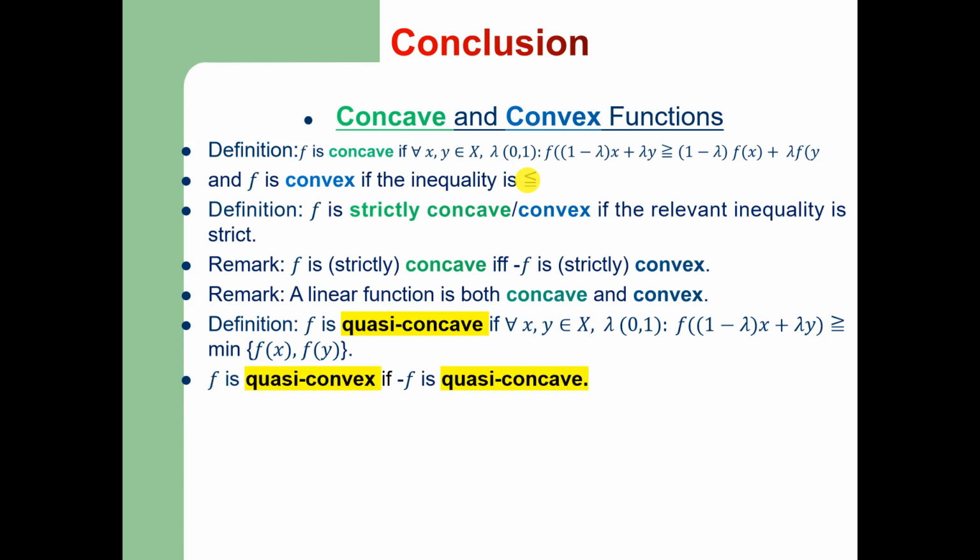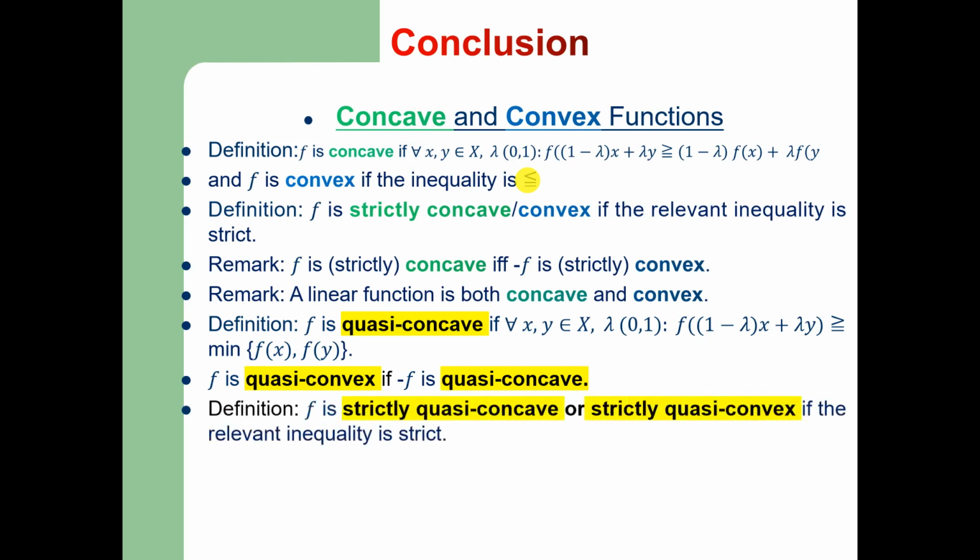A function is quasi-convex if the negative of the function is quasi-concave. f is strictly quasi-concave or strictly quasi-convex if the relevant inequality is strict. That is, in this case, if this inequality is strict, that is, there is no equal sign, this is only greater than, then that is strictly quasi-concave. If this is strictly less than, then that will be strictly quasi-convex.